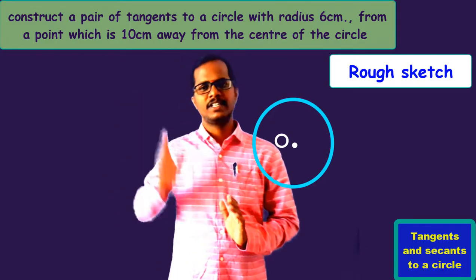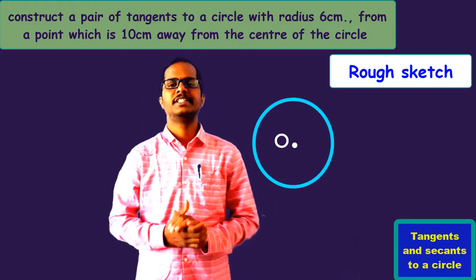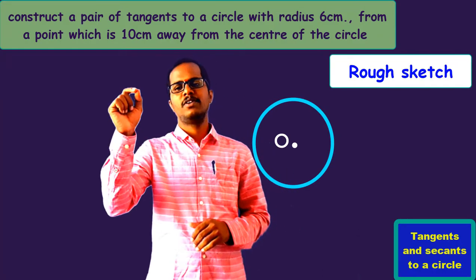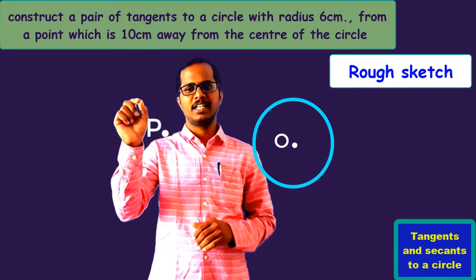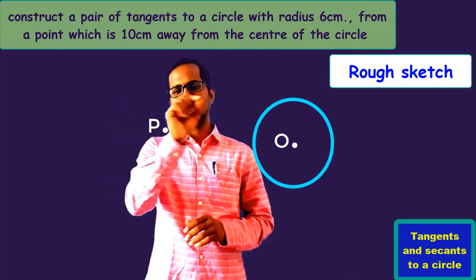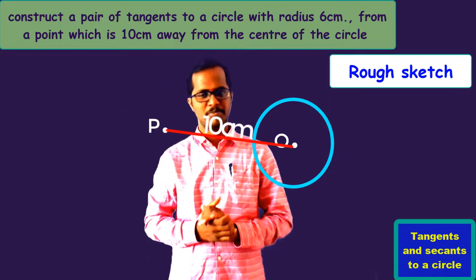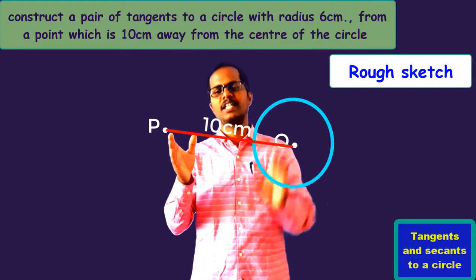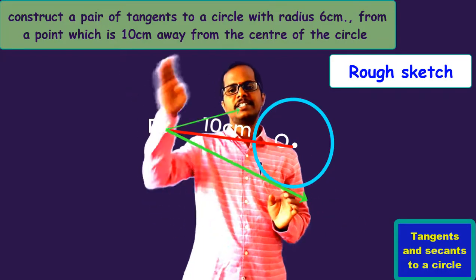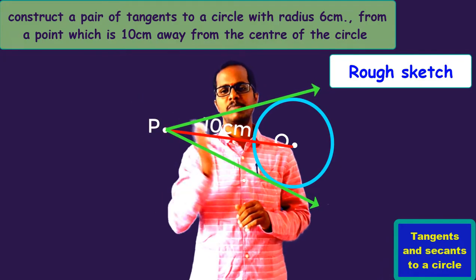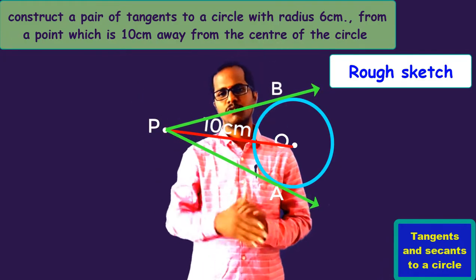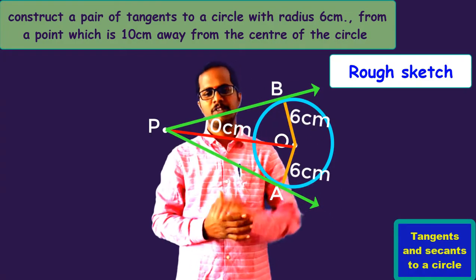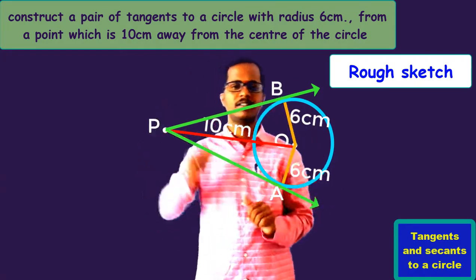Take a point outside the circle, assume it as P, and join OP, whose length is 10 centimeters. From the point P we draw a pair of tangents to this circle, PA and PB. OA and OB are radii, which are 6 centimeters. Now this is the rough sketch for the given problem.